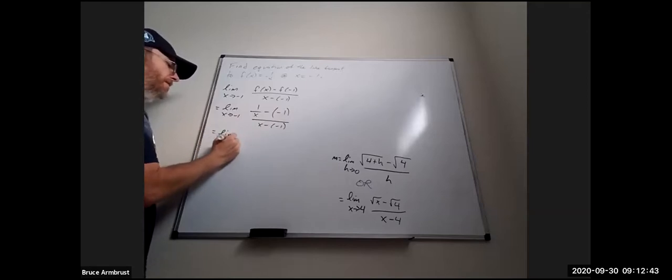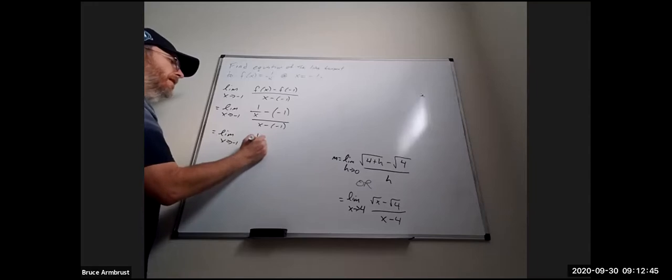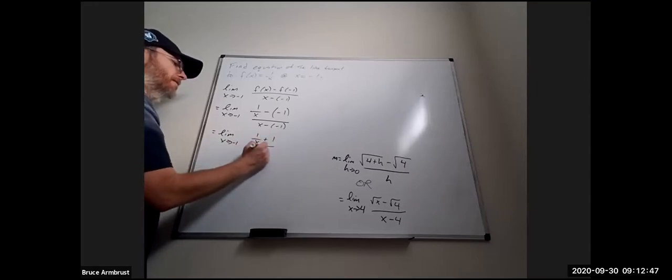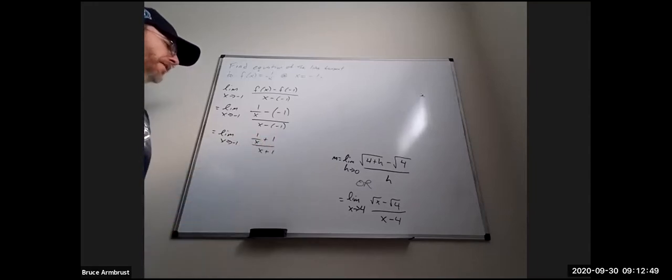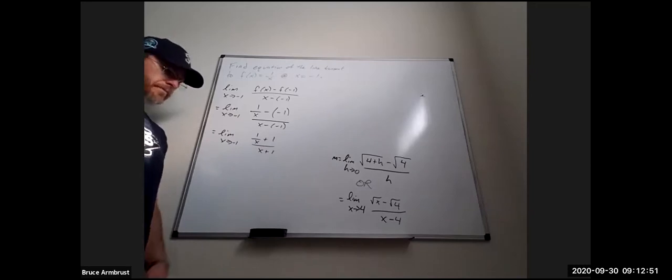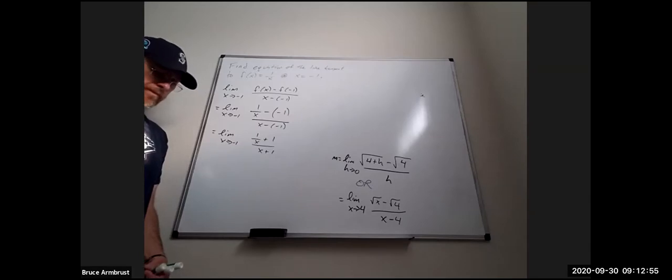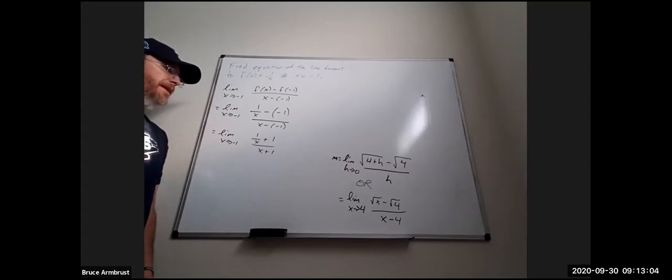Let's make those pluses. So we've got 1 over x plus 1, over x plus 1. So that looks a little bit better. But we still want to take this limit.